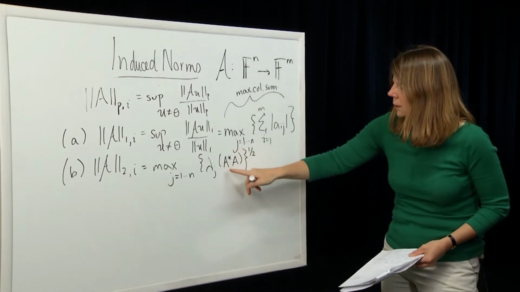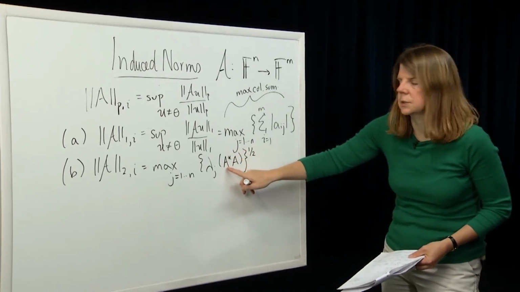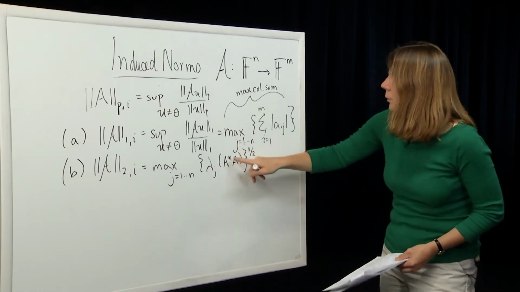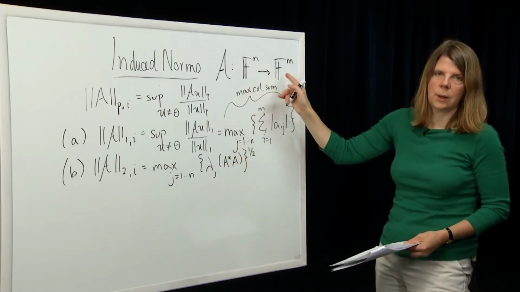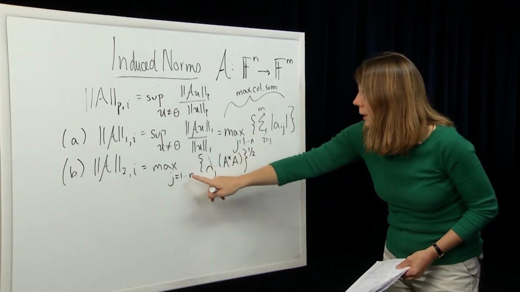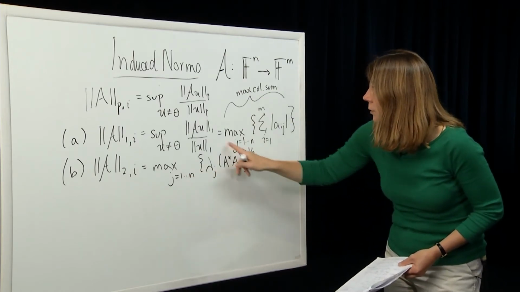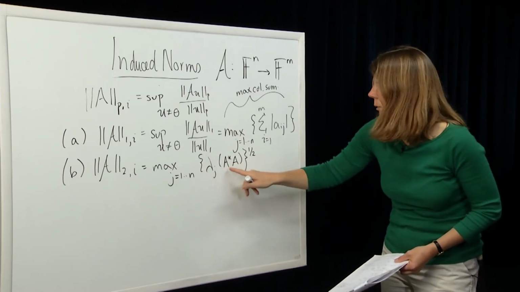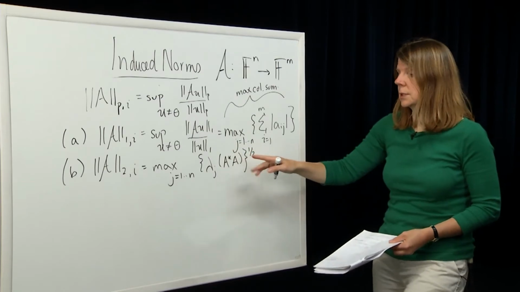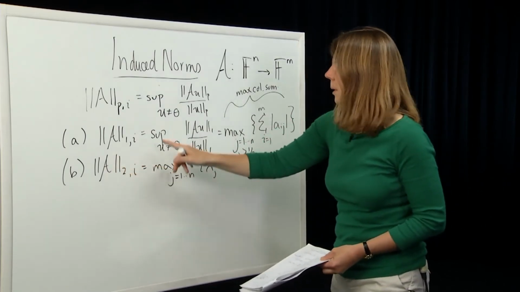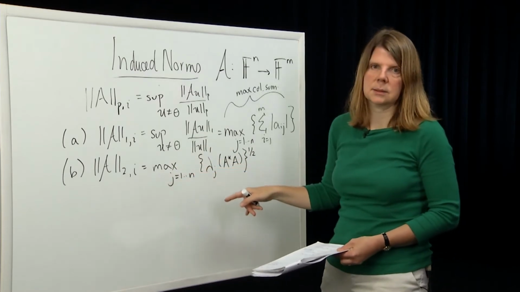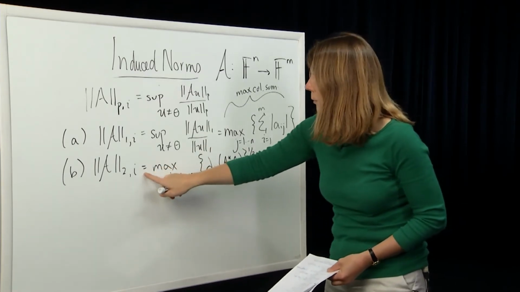Okay, so this product here, A star, means the conjugate transpose of A, times A, so we have a matrix product. We note that A is not a square matrix in general, but A star A is a square matrix. So we're looking at the square root of the maximum eigenvalue of the matrix A star A. And it turns out that the induced two norm, if you use this definition with these replaced by 2's, is equal to that maximum. So again, that requires proof.